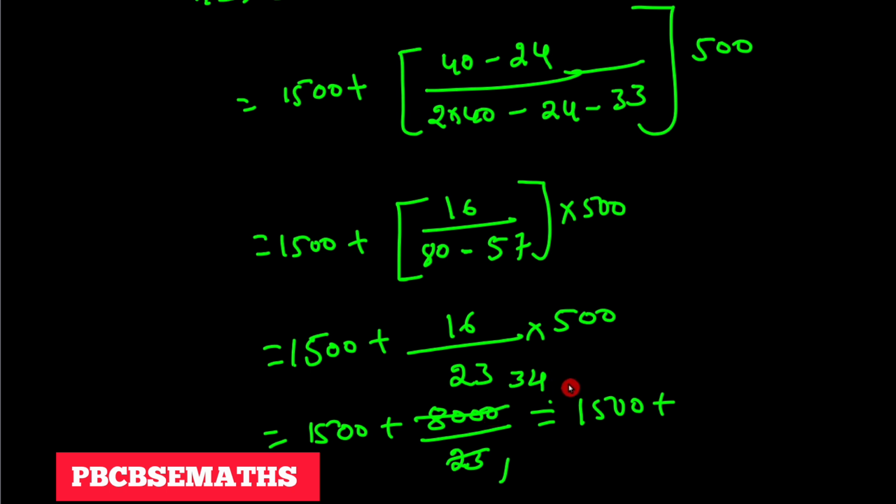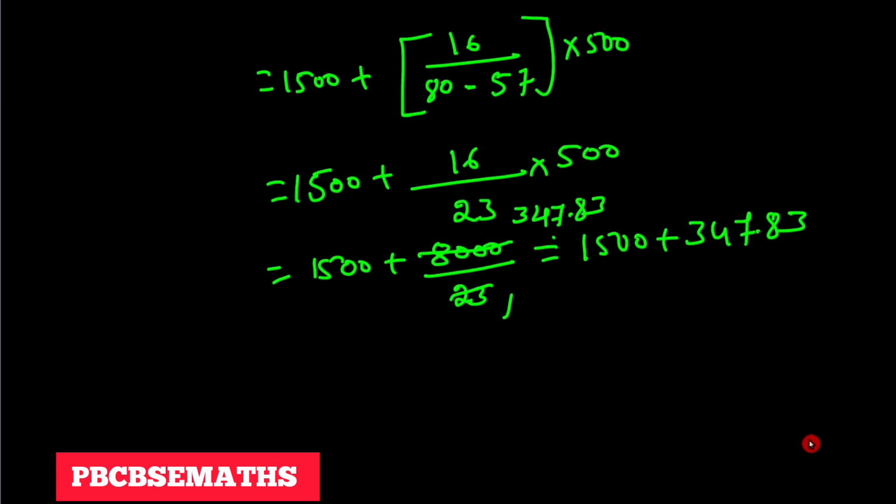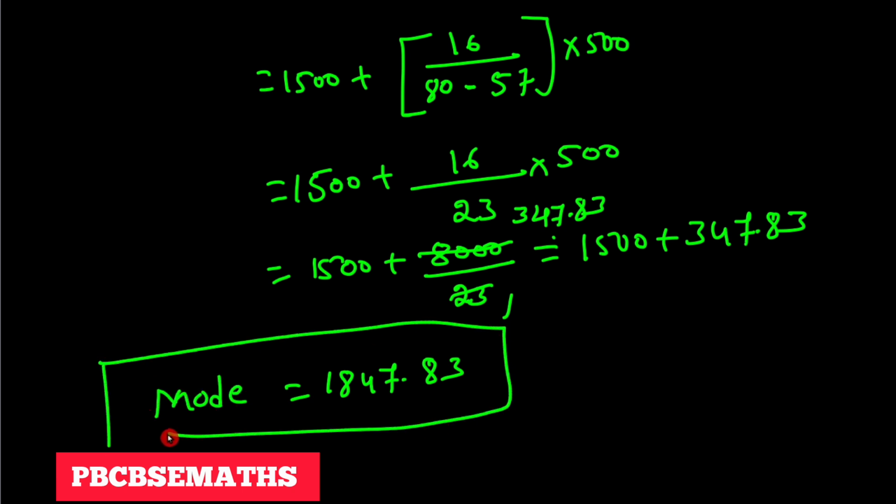Then 23 sevens are thereafter 0.83. So we got 347.83. At last we can write 1500 plus 347.83, that is 1847.83. That is the mode value of this given data.